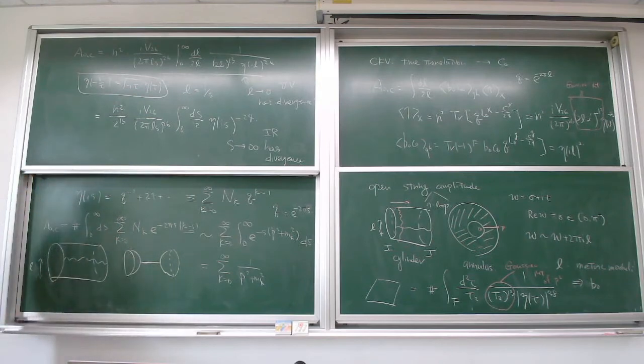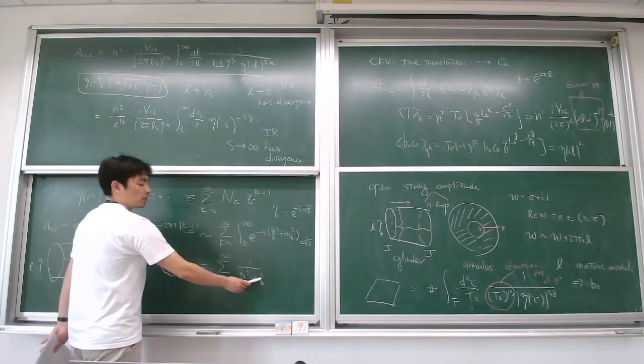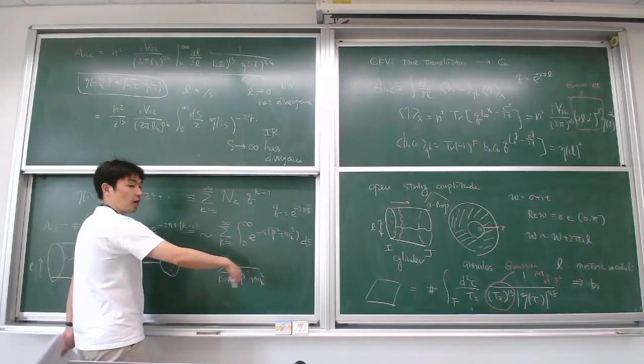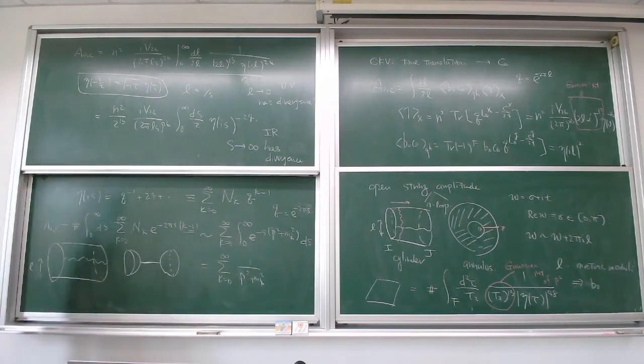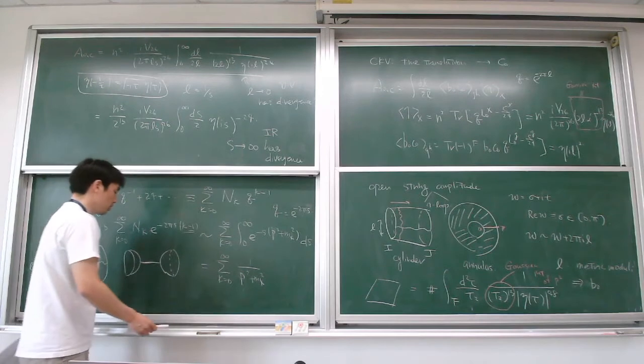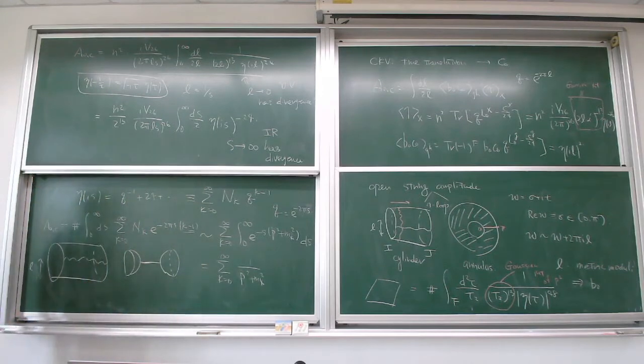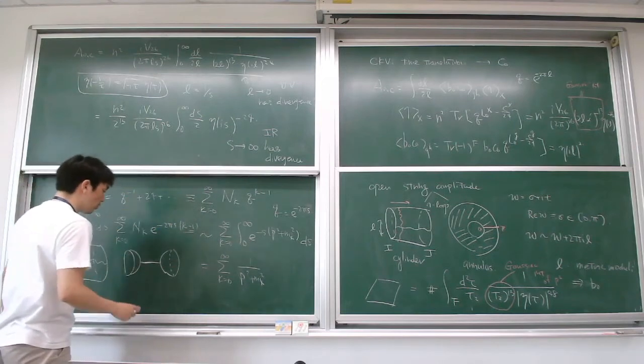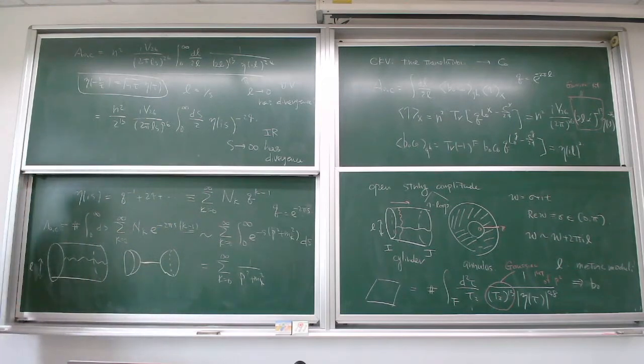So if m squared is equal to 0, this is clearly divergent, when of course you take the momentum equal to zero. Okay, so that's the source of IR divergence once you take the modular transformation.